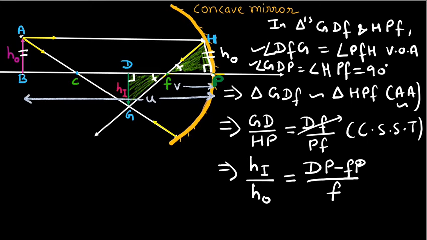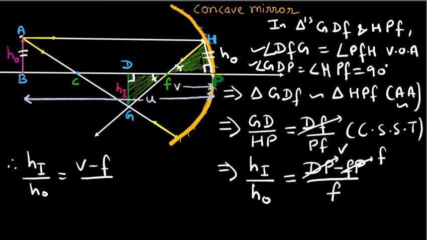DP is the image distance and FP is the focal length. So ultimately we have h subscript I by h subscript O is equal to v minus f by f. Let us call this equation 1, and we will move on to another pair of similar triangles.